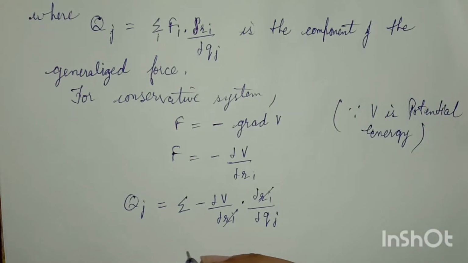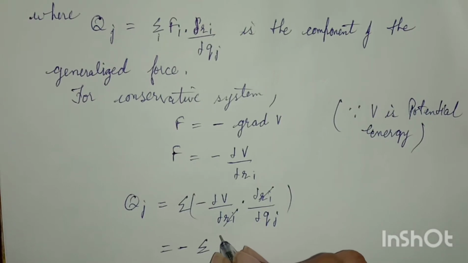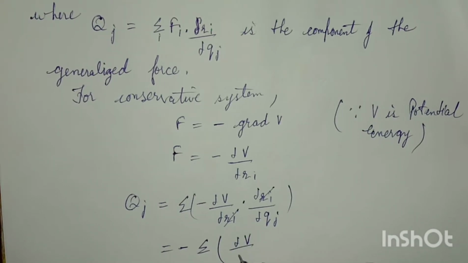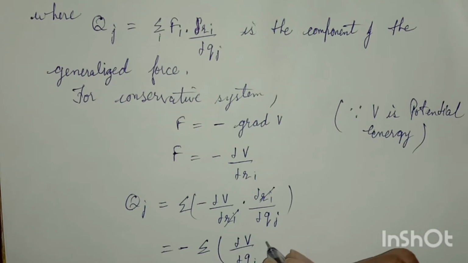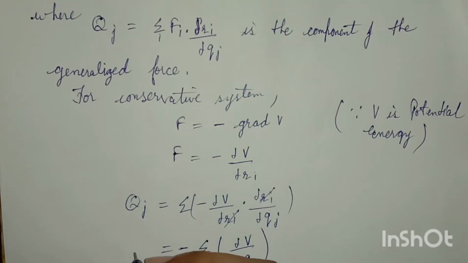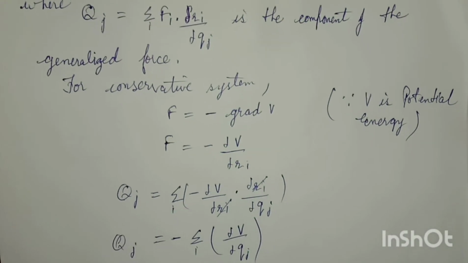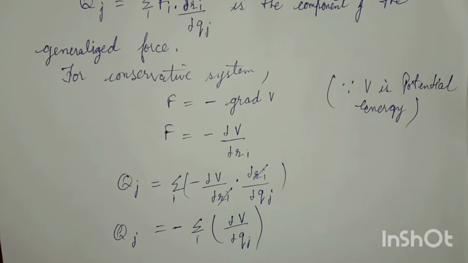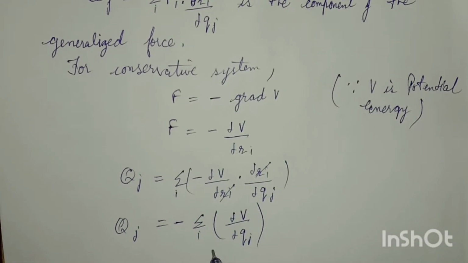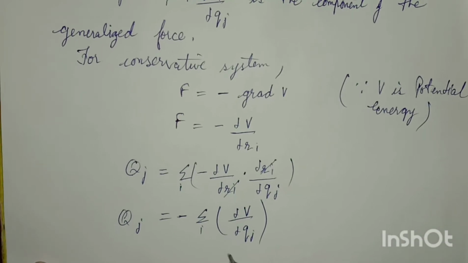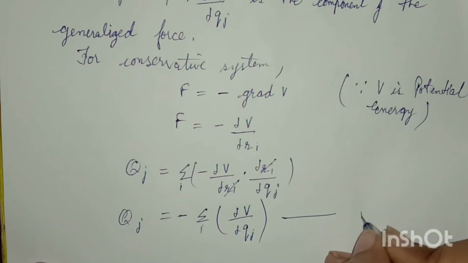Then we get minus summation curl V upon curl Qj. So Qj, which is the generalized component of the generalized force, is equal to minus summation i curl V upon curl Qj, which is our equation number 5.